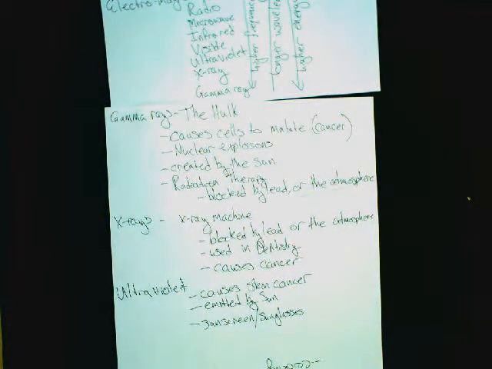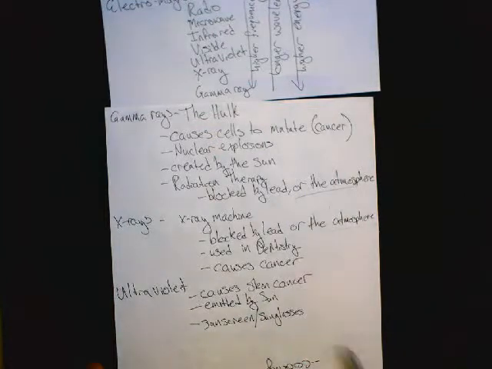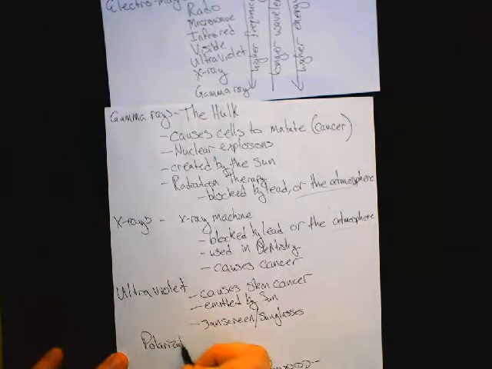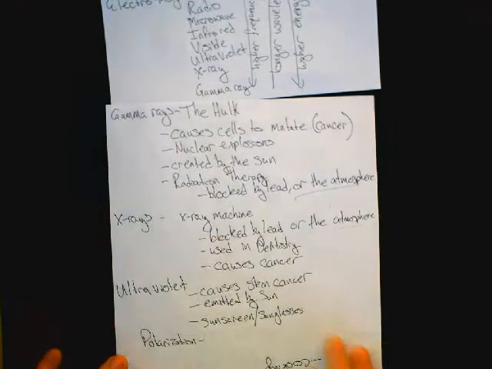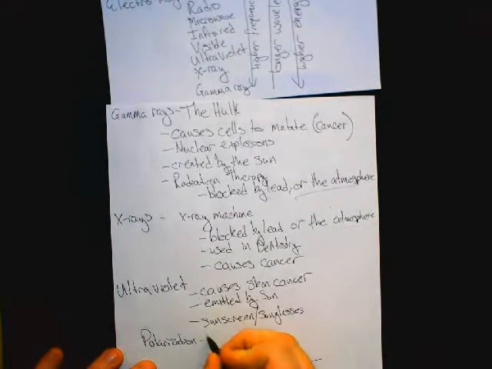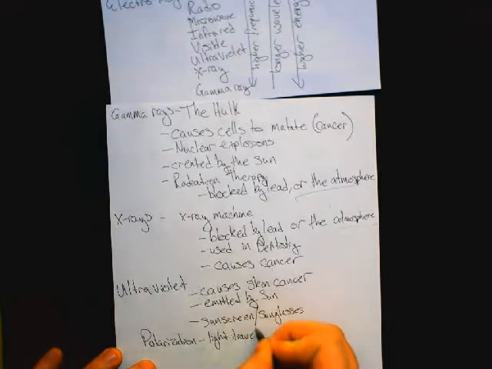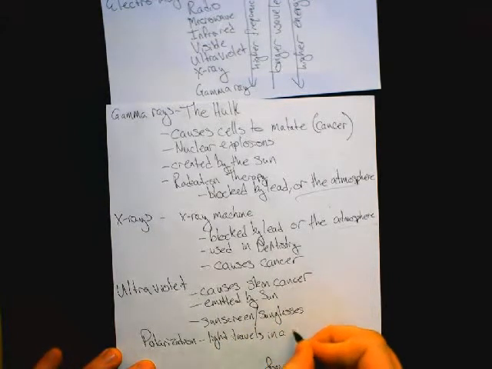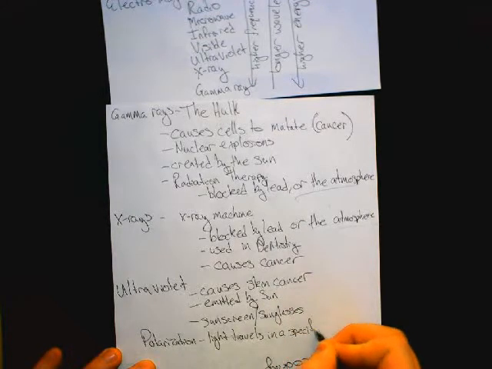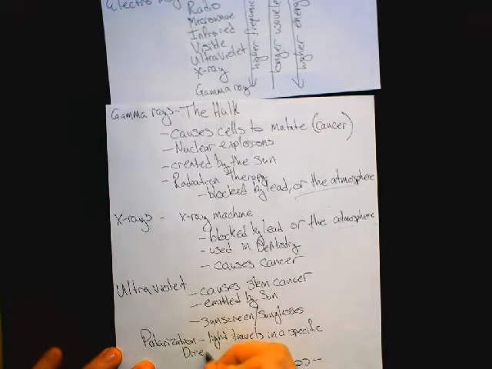So polarized lenses block more light than non-polarized lenses because light is polarized. Well, what do I mean by light is polarized? Alright, by polarization, what I mean is that light travels in a specific direction.